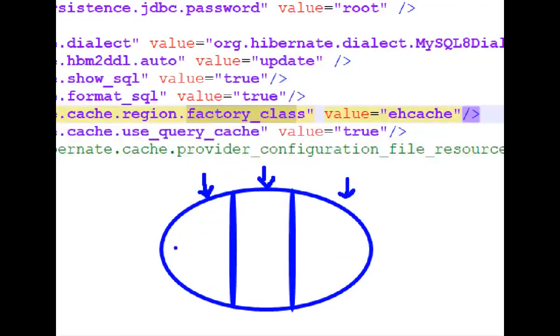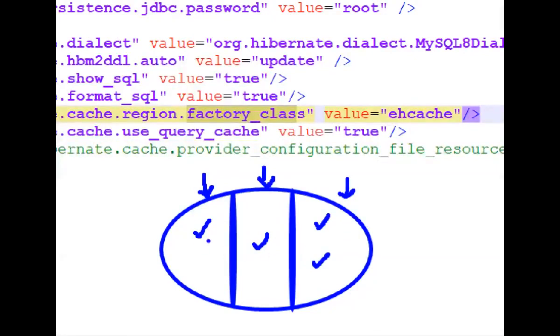In this region, I want to store only employee objects. In this region, I want to store only customer objects. In this region, product objects and some other objects like department objects. This cache can be divided into multiple regions.